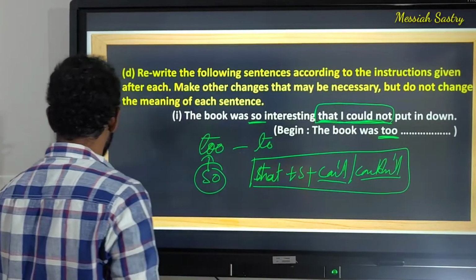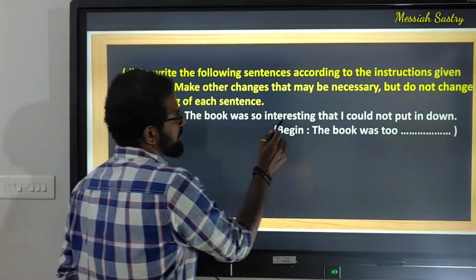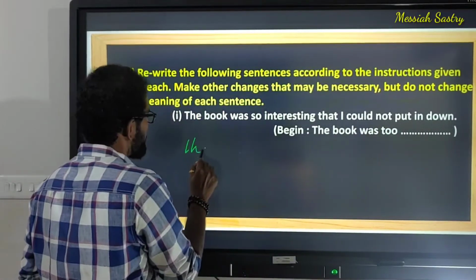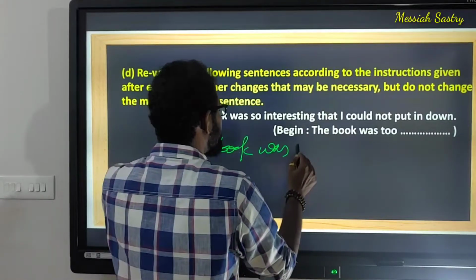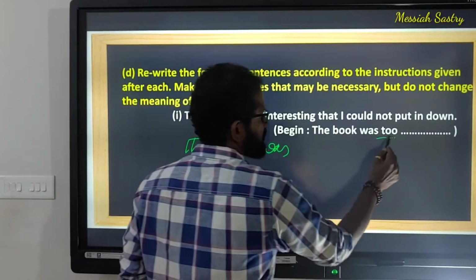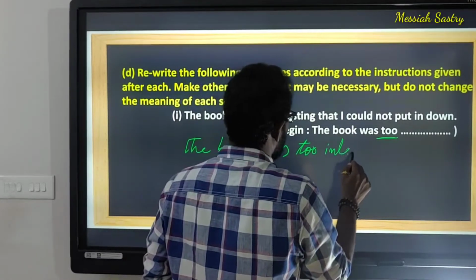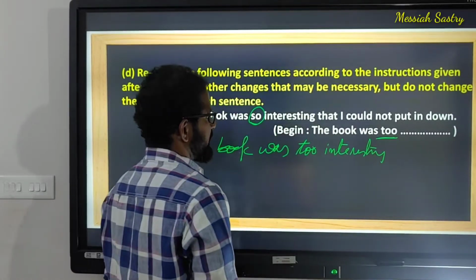Let us see now. The book was so interesting that I could not put it down. The book was, in place of "so," "too" interesting.